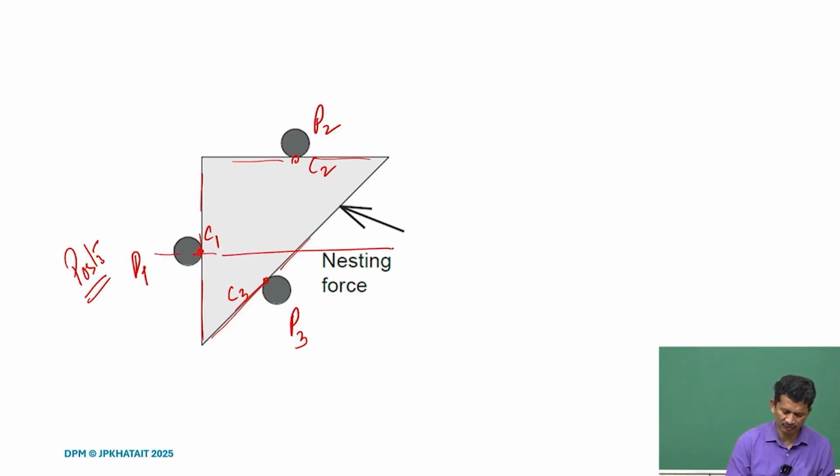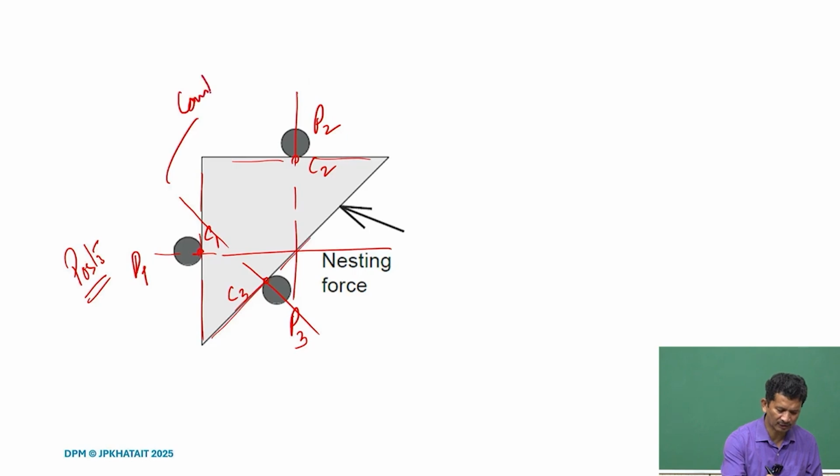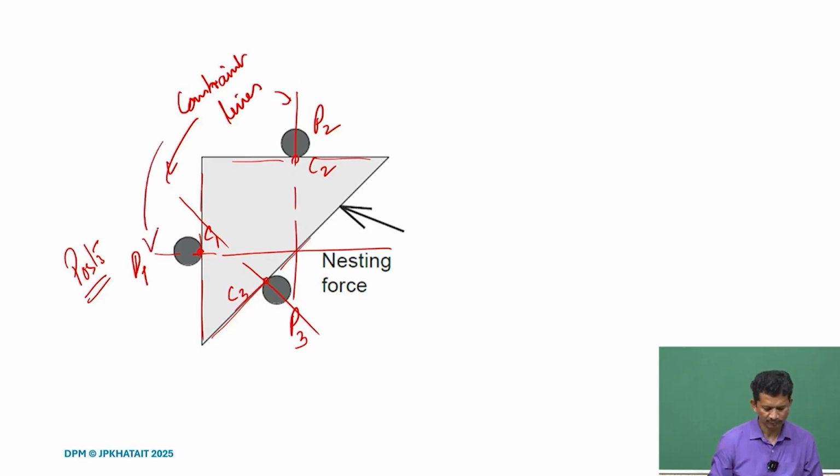In this case it is very obvious, this is the constraint line. In case of P2, this is the constraint line. In case of P3, we have to find it. So, these are the constraint lines, and this is another one.